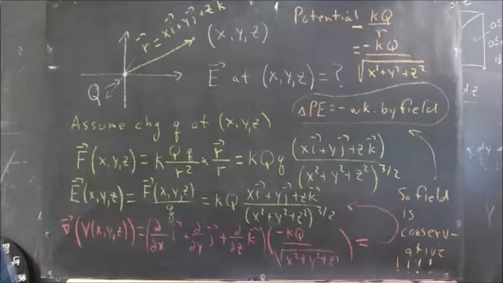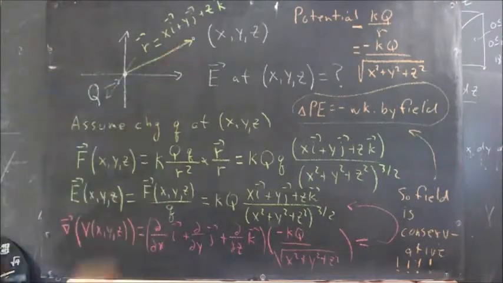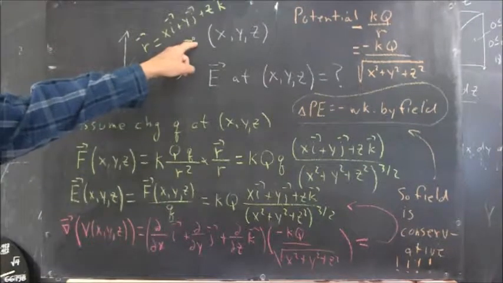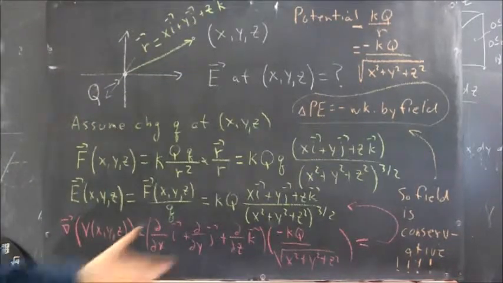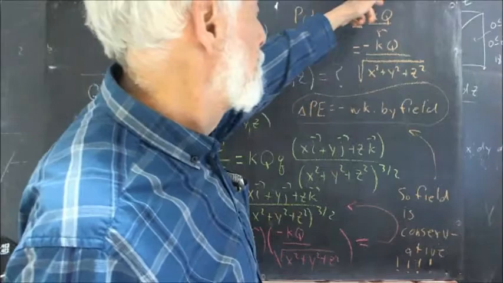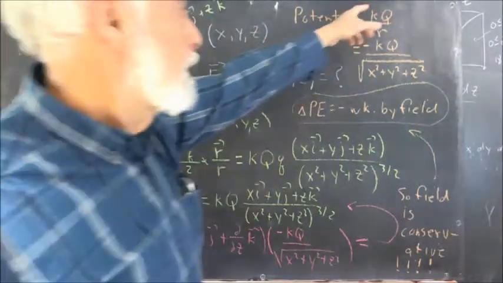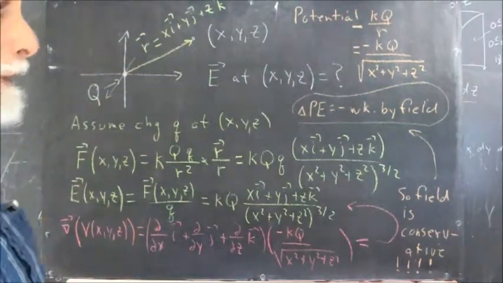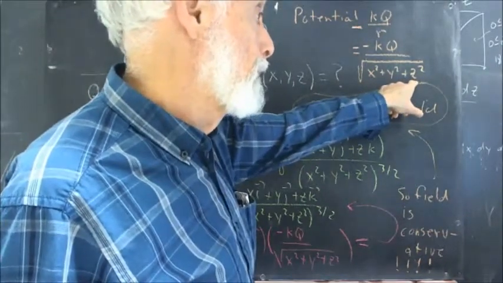So now what? Well, now I ask you to find, and what I actually asked you on the document that you had for class was to find the potential at this position. What's the electrostatic potential at this position? Turns out that's a lot easier to write down. Potential is just negative K times big Q over R. And what's R? R is just the magnitude of this R vector, and the magnitude is the square root of x squared plus y squared plus z squared.